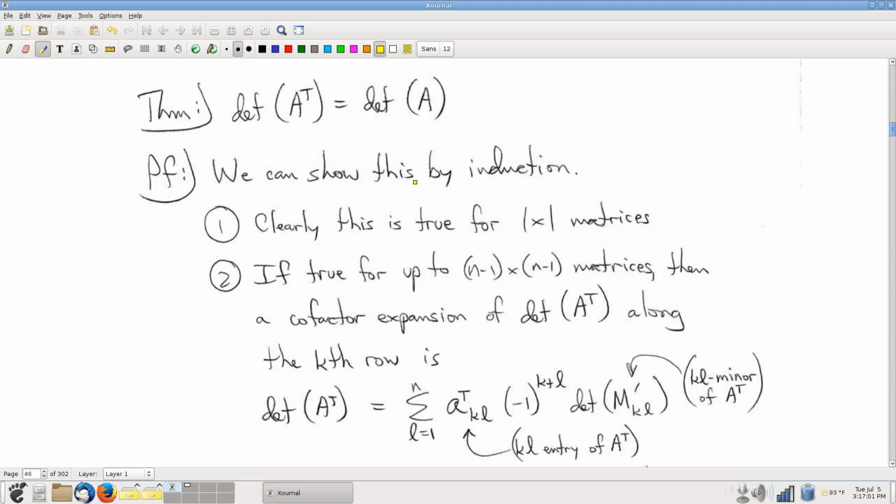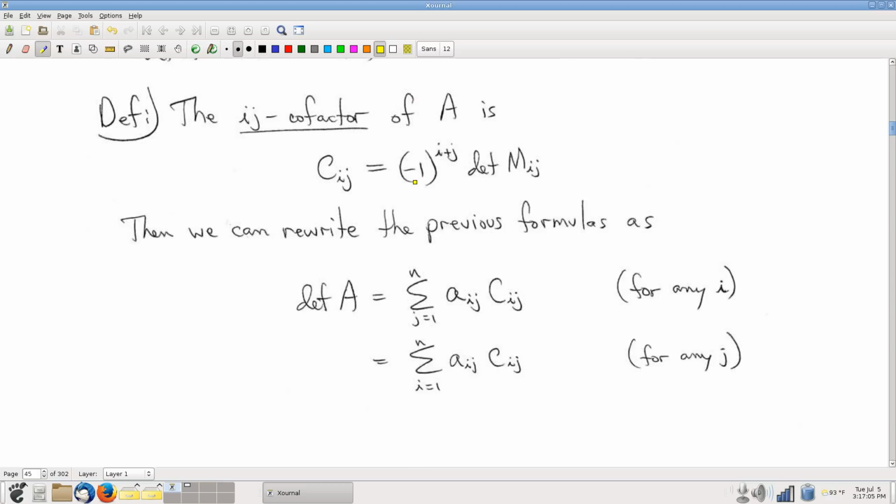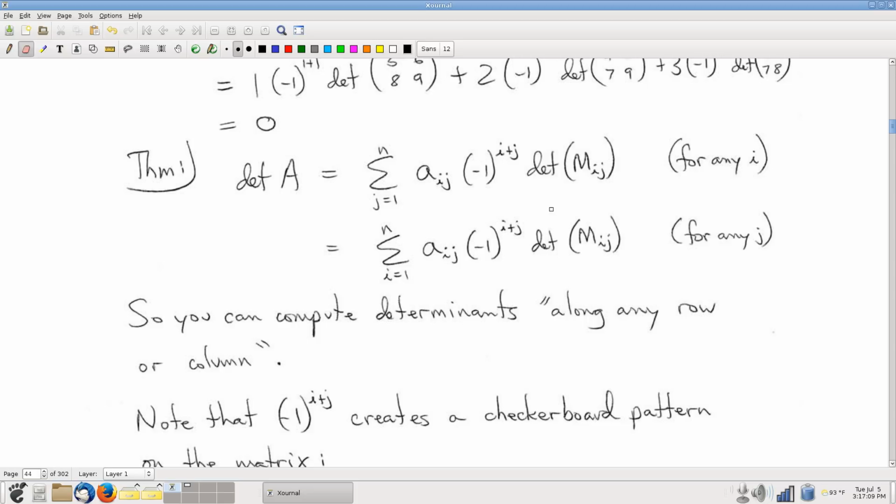Let's remind ourselves, our formula for determinant involves picking a row or a column, going across the row or the column, let's say a row here, and looking at the particular entries, and there's this whole -1 business and this corresponding minor determinant. Well, if you transpose a matrix, all the numbers move to different places. It's really not clear that you're going to get the same thing.